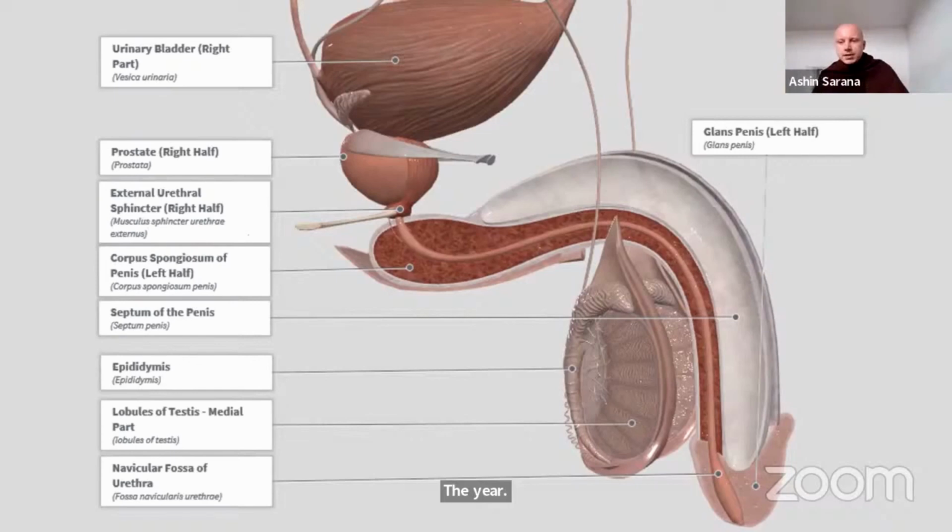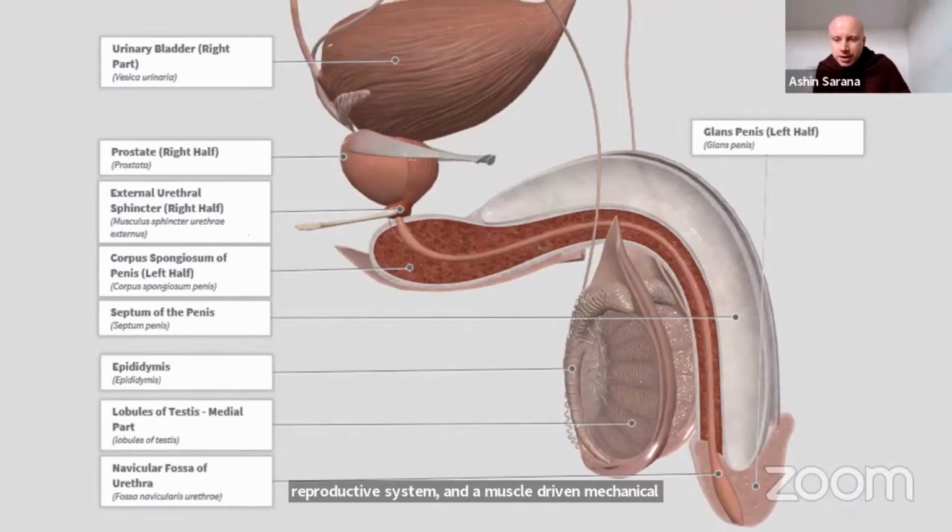So the prostate is both an accessory gland of the male reproductive system and a muscle-driven mechanical switch between urination and ejaculation. So it helps males to switch between the sexual excretions and the urinary excretions.